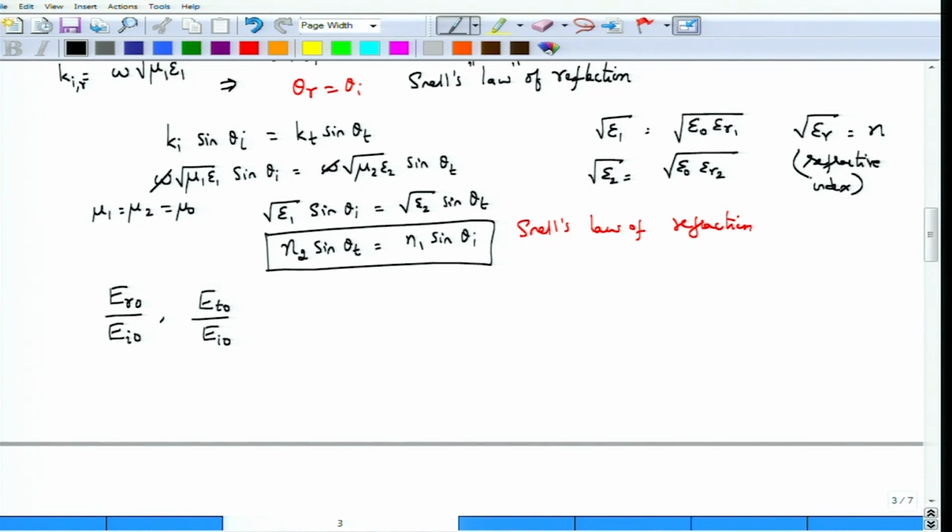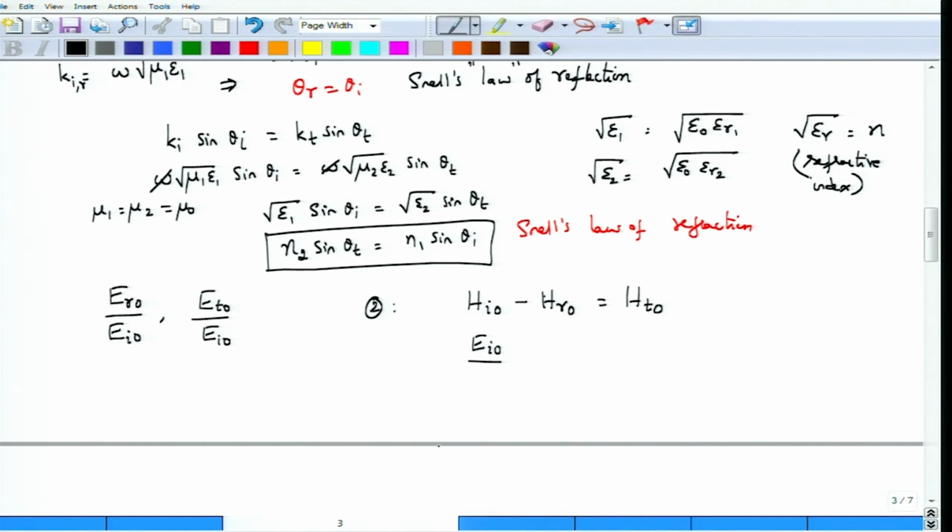In order to get that, we now employ the fact that the phase relations have to be the same. Therefore, boundary condition 2 in terms of the magnetic H component becomes Hi0 minus Hr0 equals Ht0. Now the magnetic fields can be related in a very straightforward manner to the electric fields, because H is equal to E by eta, right?